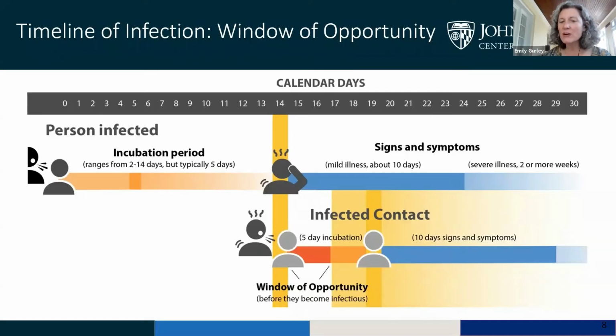So what this window of opportunity is showing is to catch most of the contacts before they're symptomatic. You actually have a window of opportunity of 3 days after those contacts have been exposed. So that window is about 3 days. But that window lasts for a long period of time. People will keep becoming infectious for up to 12 days. So that's why it's not all or nothing.